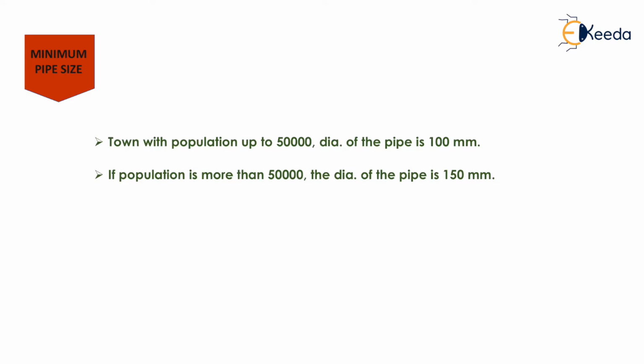Now the minimum pipe size: if a town has a population up to 50,000, meaning less than or equal to 50,000, then the diameter of the main pipe used there is 100 mm, and if the population is greater than 50,000, then the diameter will be increased up to 150 mm. So we use 150 mm diameter pipe if the population is greater than 50,000. Clear to you?